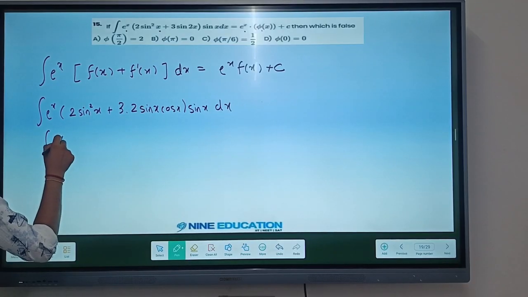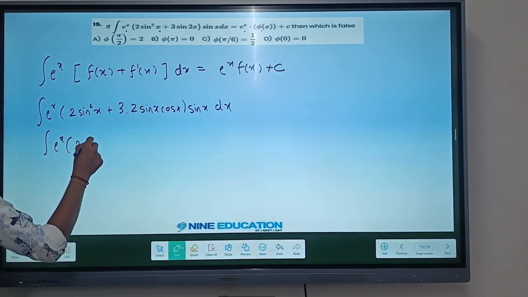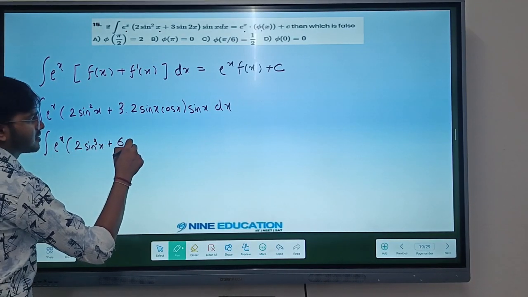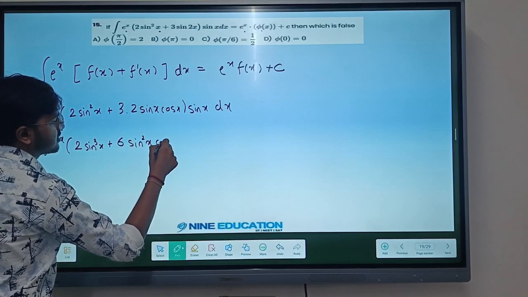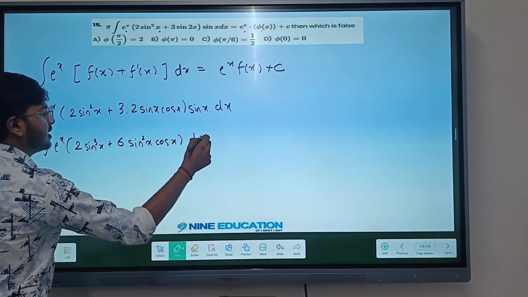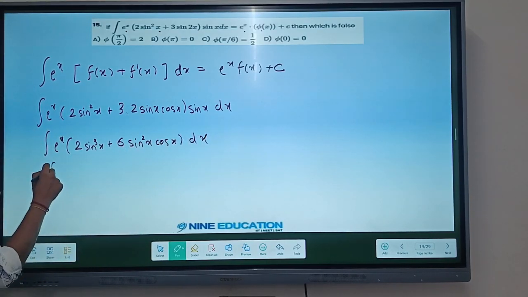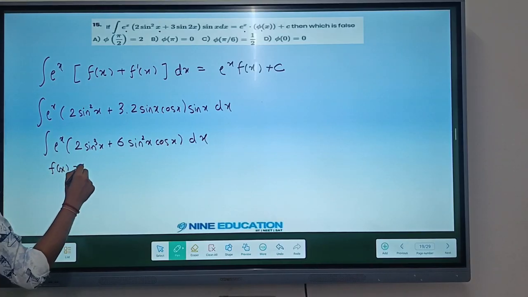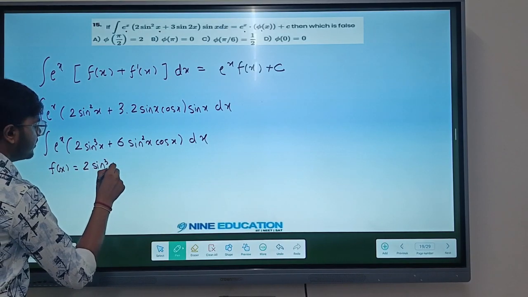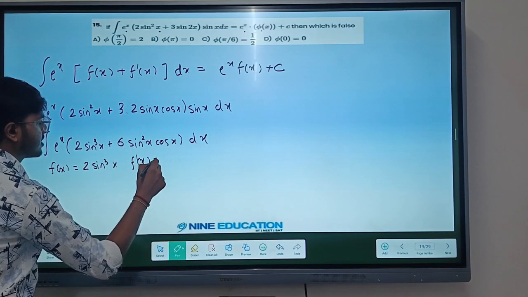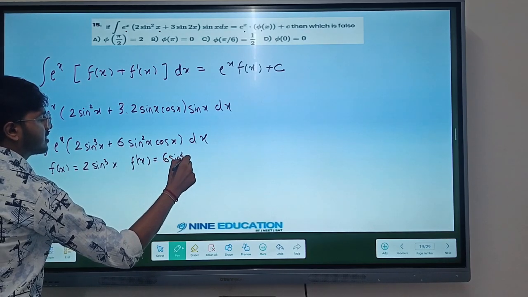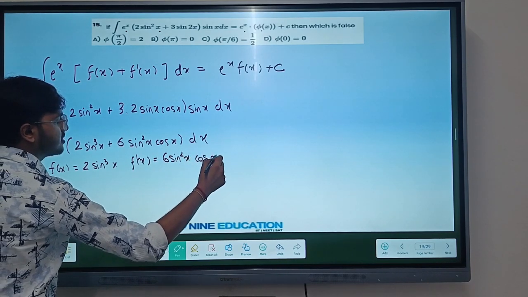So if I multiply the sin x inside, I'll get 2 sin cube x plus 6 sin square x cos x into dx. So if you take f of x function as 2 sin cube x, what is the differentiation? f dash x is 6 sin square x, differentiation of sin x is cos x.